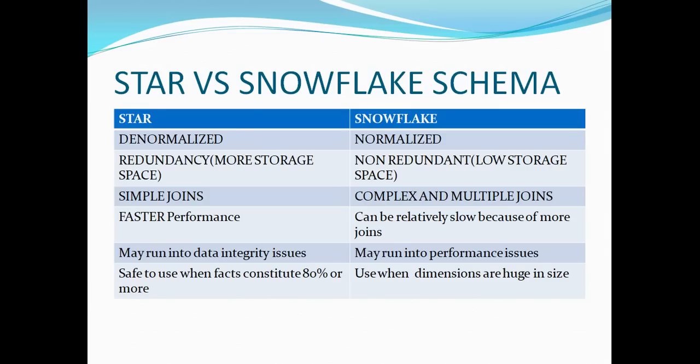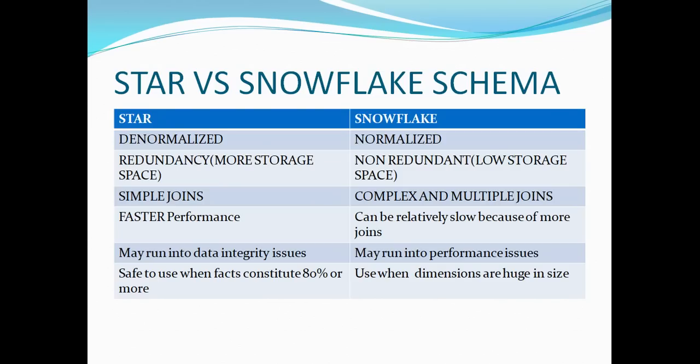If your dimension sizes are huge, like we discussed in the case of our time dimension, or you have a number of products, or you have a lot of attributes for those products that are being redundant, in that case you may want to go ahead and use the snowflake schema.